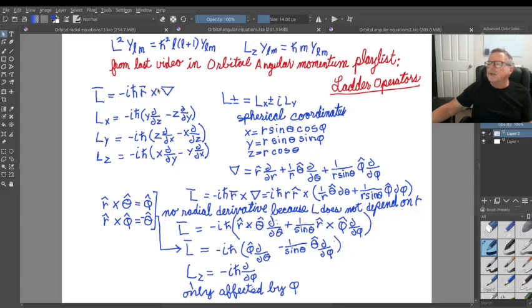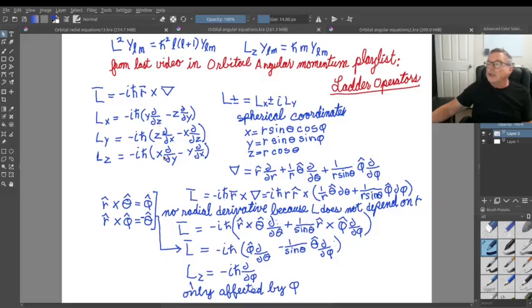I put some other things up here just as a reminder of the angular momentum as a cross product of the gradient, which is kind of like the first derivative thing or first partial derivative thing. And here are the different components.